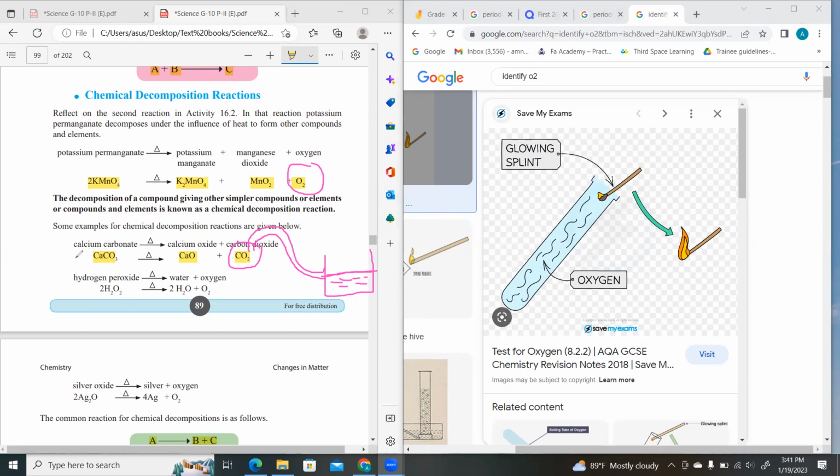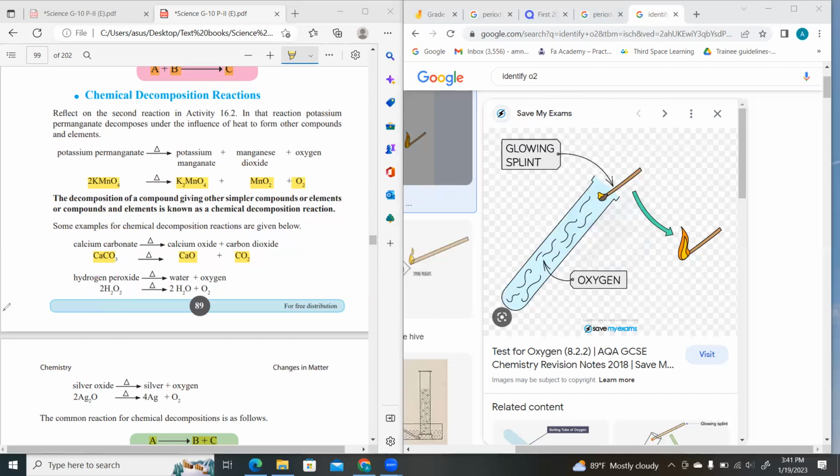And then this reaction is also important. You can see a reactant has been divided into two, water and oxygen. Hydrogen peroxide is a chemical which you have in the lab. It's a white color liquid, actually stored in an amber color bottle, a brown color bottle.